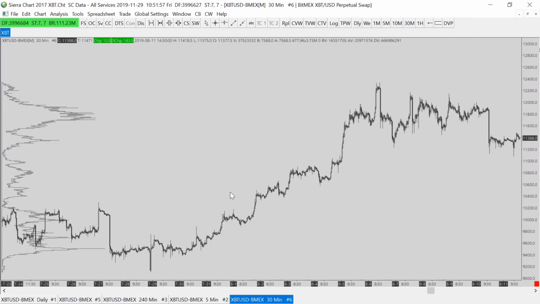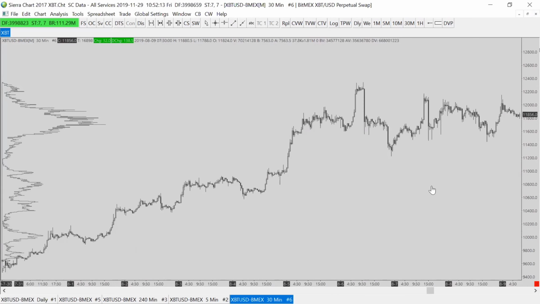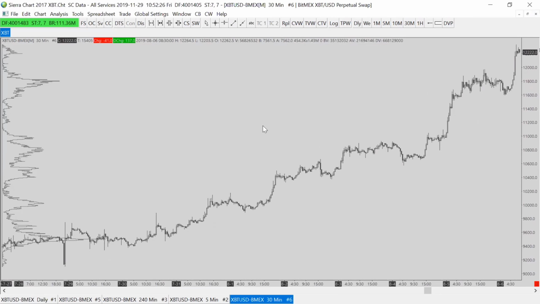And what I'll do is just cover this whole move, marking out how price interacts around these levels when it trades back down through them. So what I'm doing is just kind of adjusting this so that I've got the composite volume profile for this whole up move.